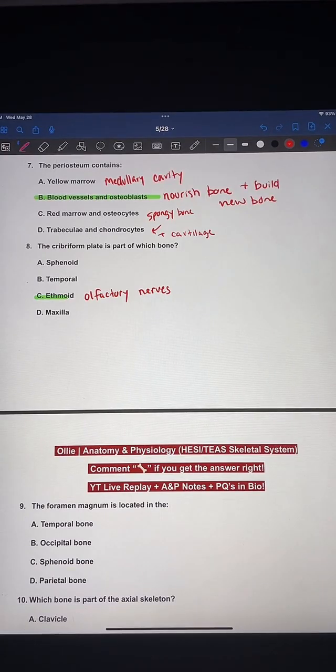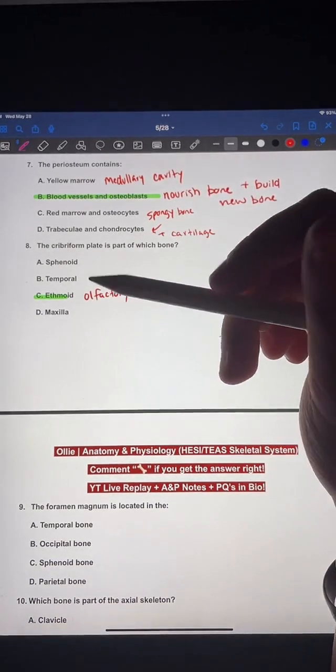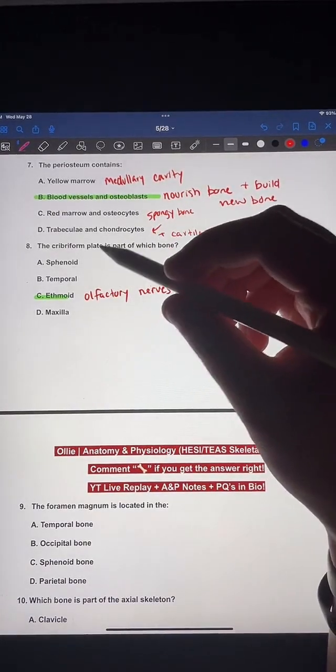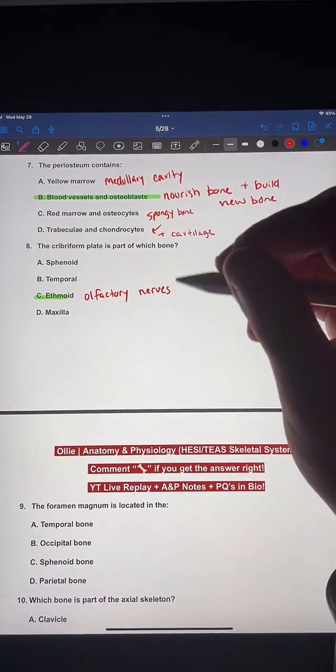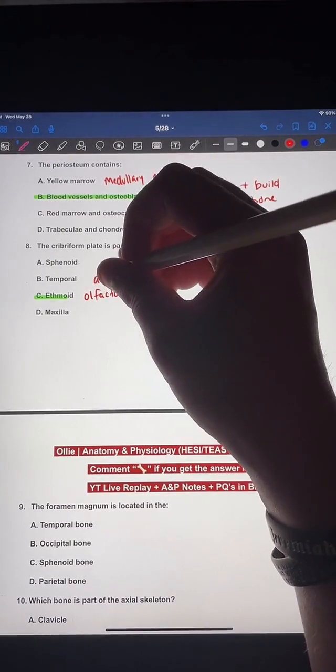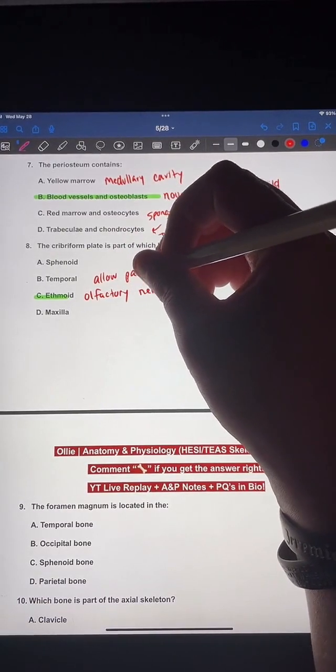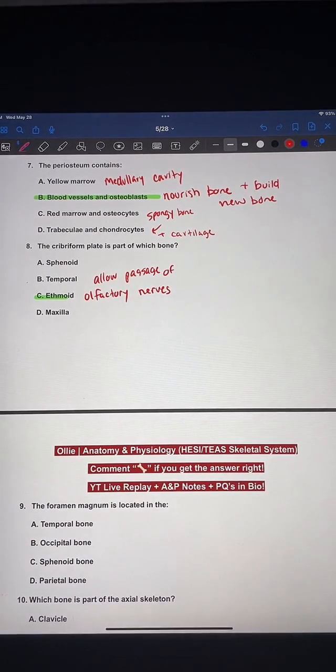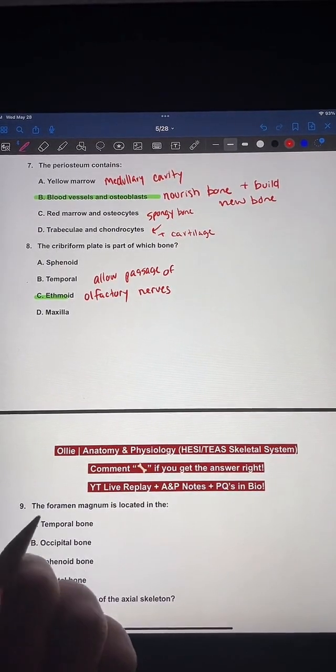The temporal is on your sides, where it houses the inner ear. And then your maxilla is going to be for your upper jaw. But again, the ethmoid bone has the cribriform plate, and this is essentially allowing passage of olfactory nerves. If you got that right, drop the bone down in the comments.